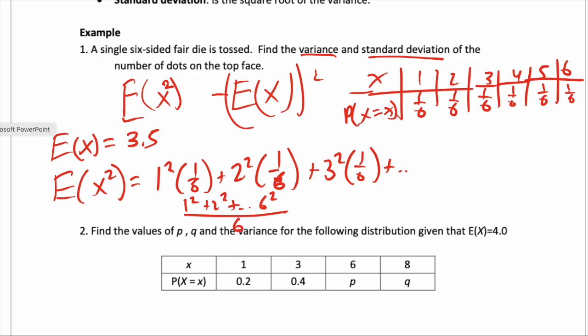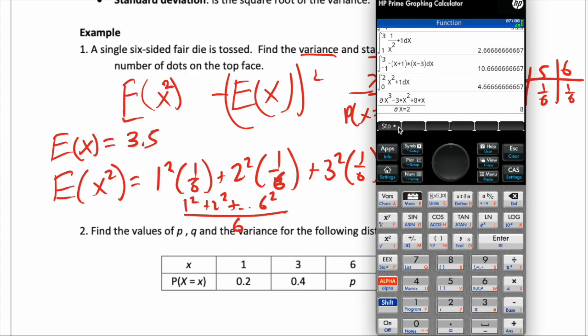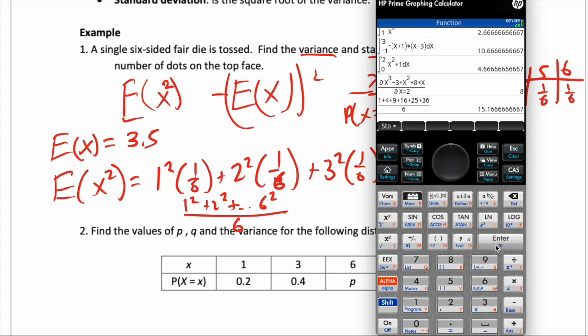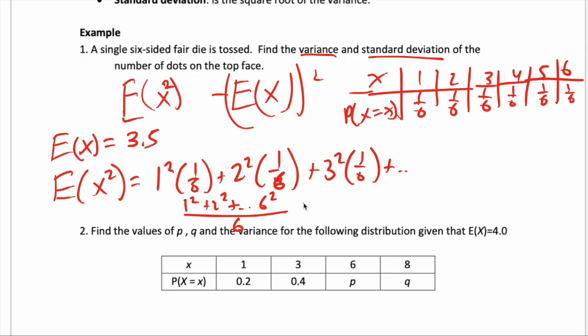So let's work that out on the calculator. Let's make a fraction. So basically 1 plus 4 plus 9 plus 16 plus 25 plus 36 divided by 6 is 15.2, or maybe you can write it as 91 over 6 to be exact.